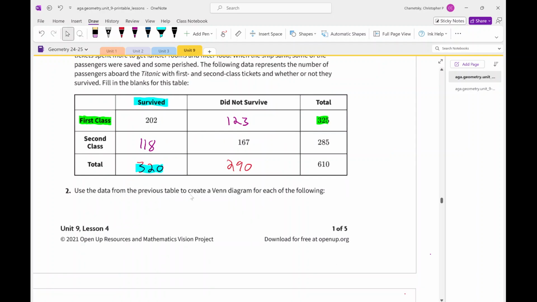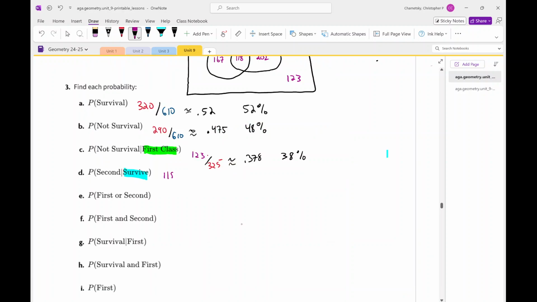So 118 out of the 320 survivors. Which is about 0.368, or about 39%. Okay.